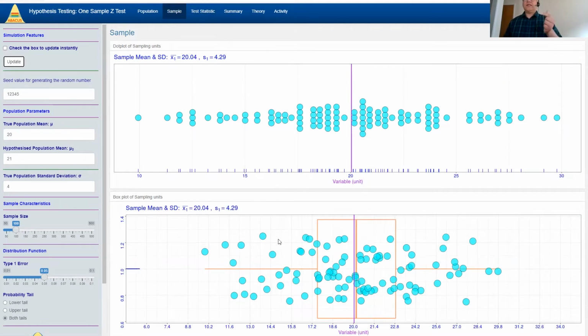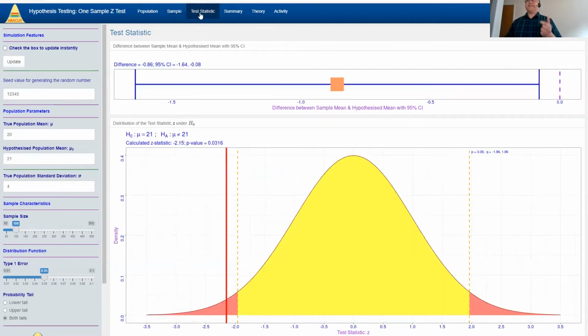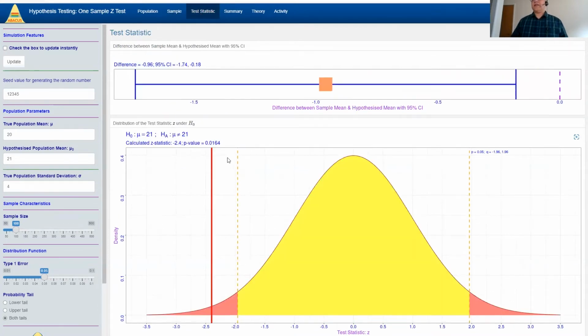We calculate the sample statistic, here the sample mean. And my step 5 is to calculate the test statistic. If you remember the formula, it is x bar minus your null hypothesized mean, divided by the standard error of that mean. We know all those formulas, so we can do that. Now, this test statistic we got is minus 2.4.